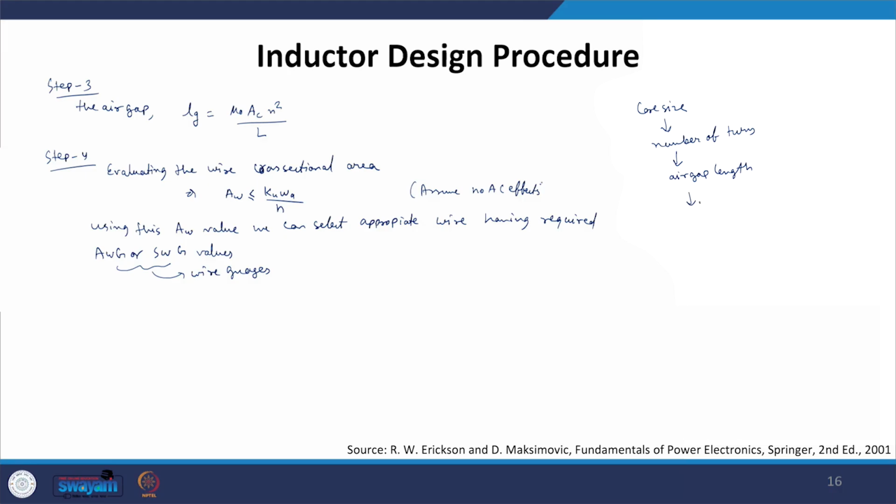After that we have defined the AW or wire sizes which is needed to actually wind the inductor, and which can handle the required value of the current which is going through the inductor, such that the resistance offered by this wire is below the allowable losses in the inductor.